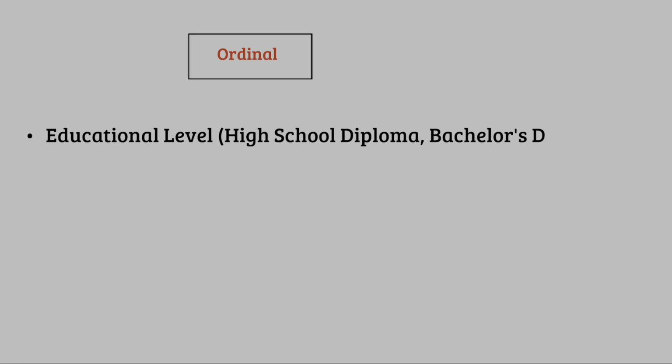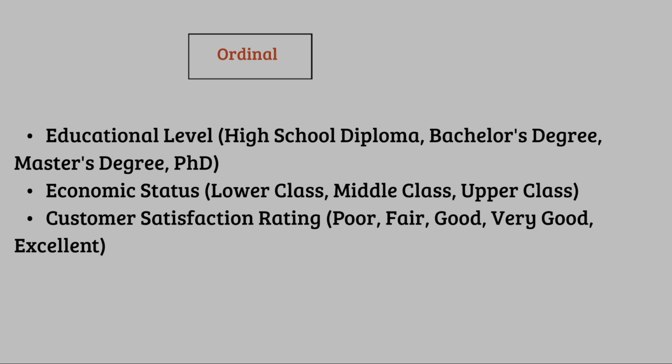Ordinal data. Ordinal data is a type of categorical data where the categories have a natural order or ranking, but the intervals between the categories may not be uniform or constant. Examples include ranks like first place, second place, or third place, levels of agreement, strongly agree, agree, neutral, disagree, strongly disagree, or educational level, high school, diploma, bachelor degree, master degree, PhD degree.